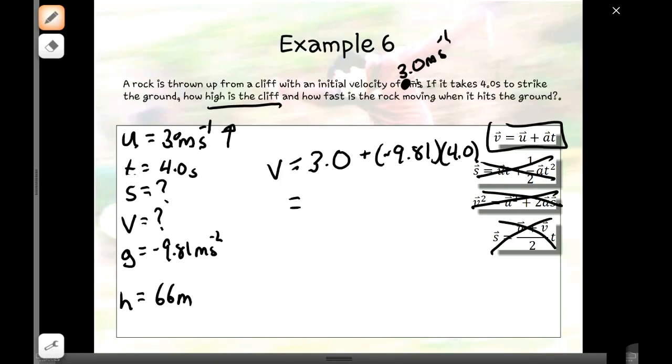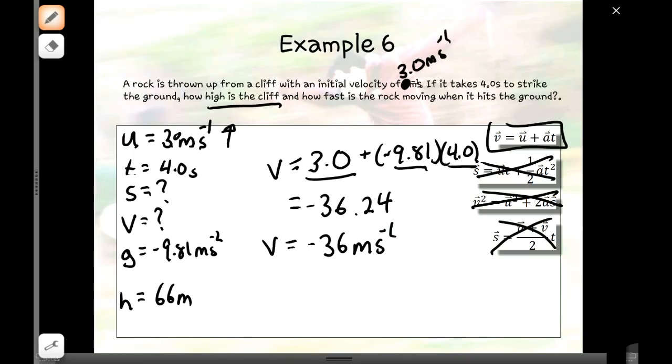That's going to give me negative 36.24. Once again, I look at significant digits. I have 3, 2, 2, so I can only keep 2: negative 36 meters per second to the negative 1.